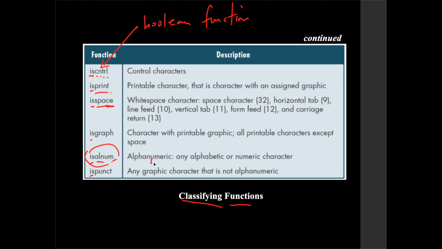Alphanumeric means this could be a combination of A to Z with 0 through 9 embedded in it. So this could be uppercase, lowercase c. So that's what it means by alphanumeric. Is this a graphical character, does it have punctuation? So you can make use of these classifying functions to perform a lot of things. We'll look at some of the specific examples next.